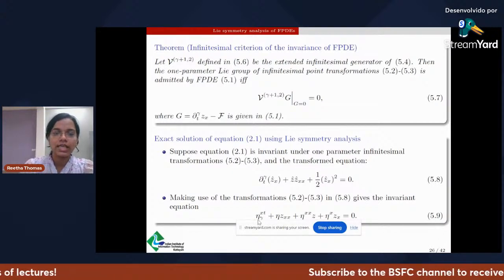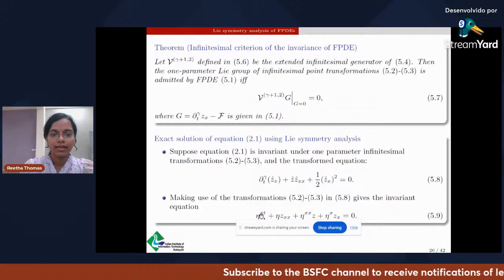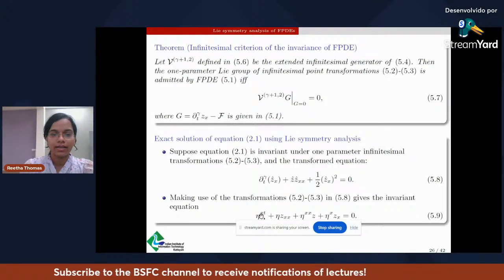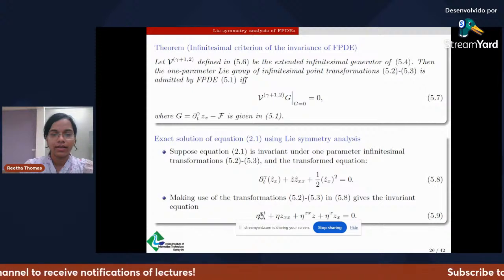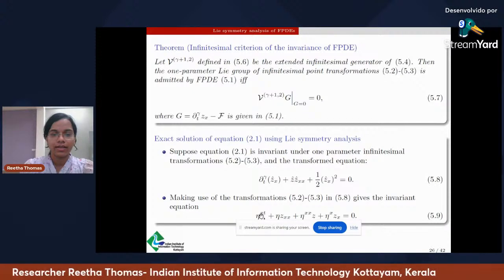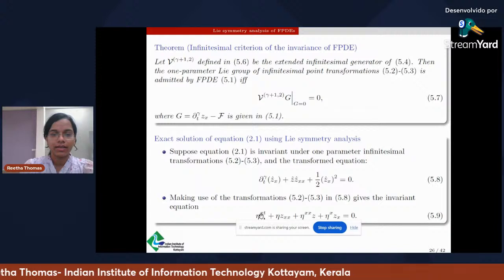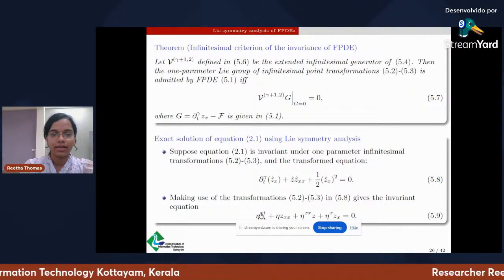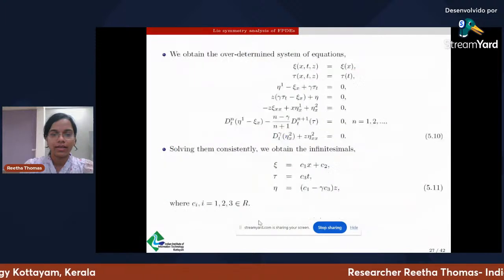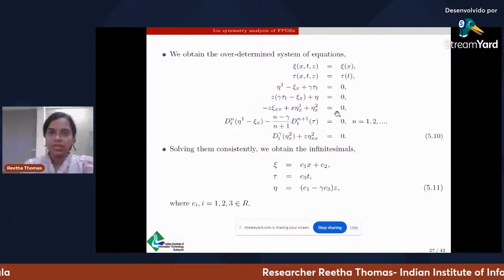Instead of this, eta gamma x gives a system of equations as in 5.10.